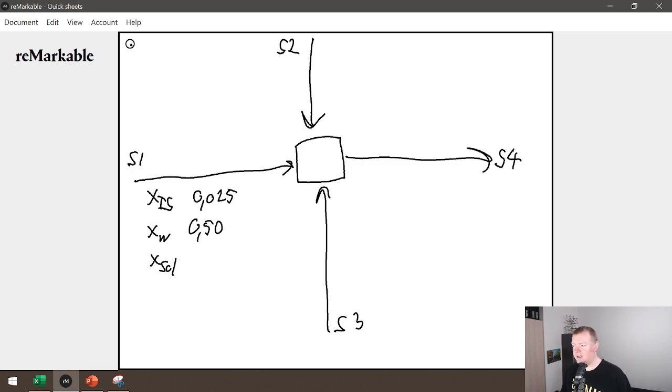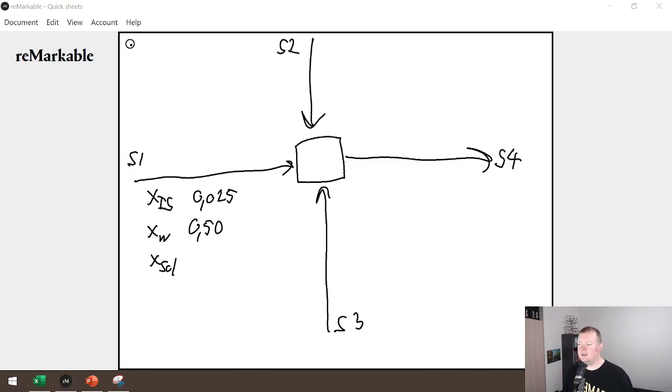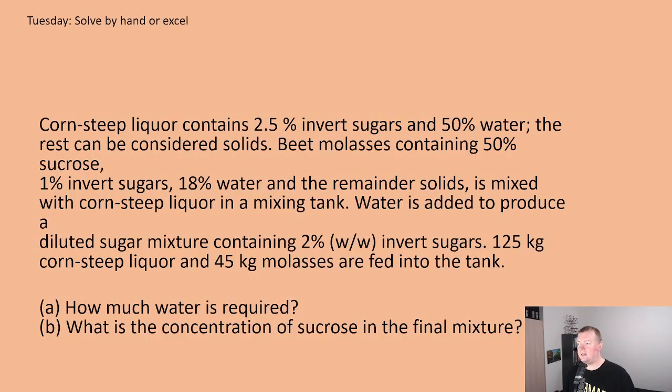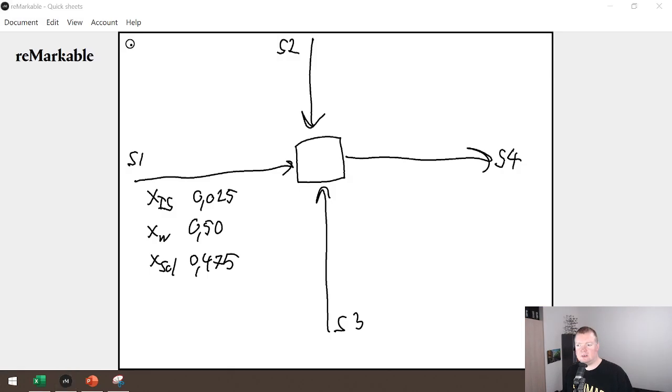Oh dear, I can't do that in my head. I need a calculator. That must be 47.5. There we go. So that's my corn steep liquor that's going into my system.